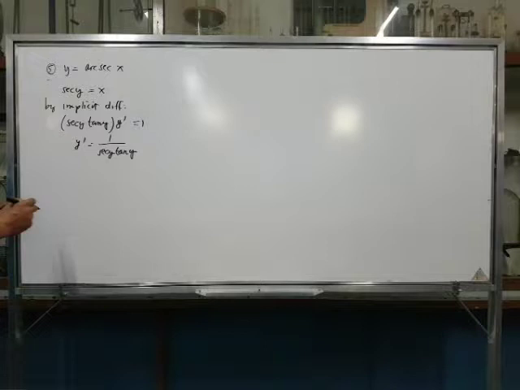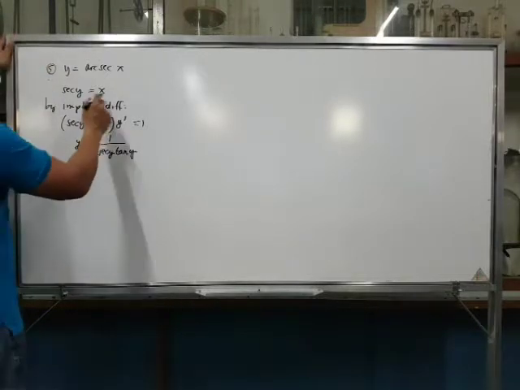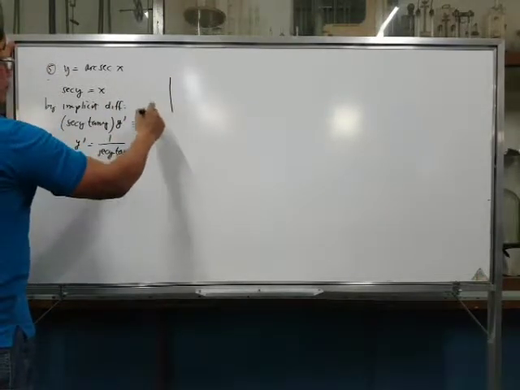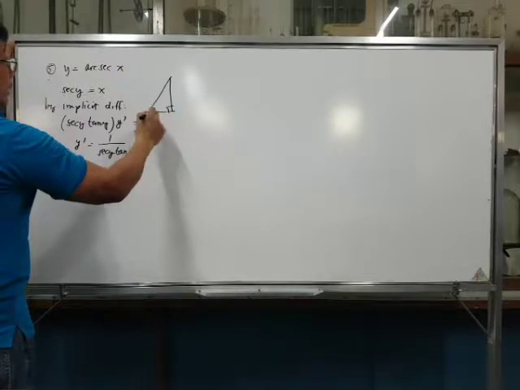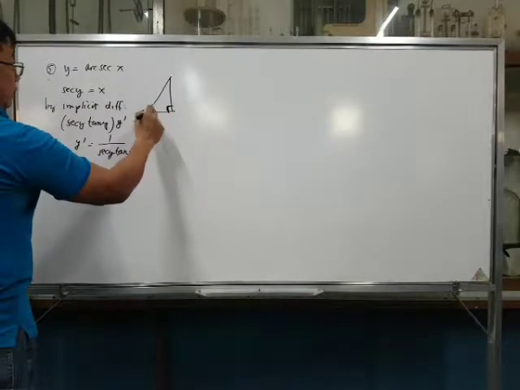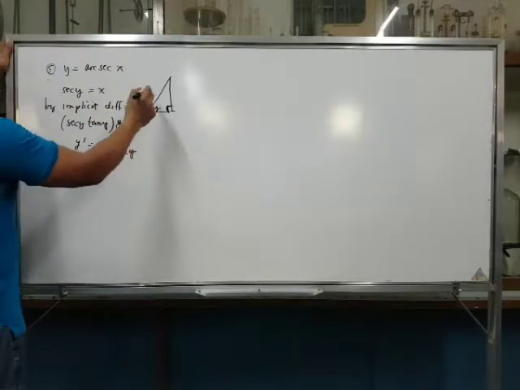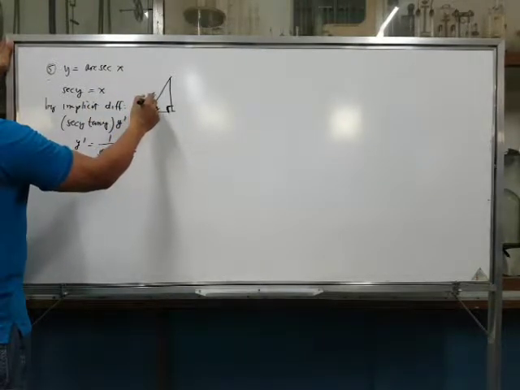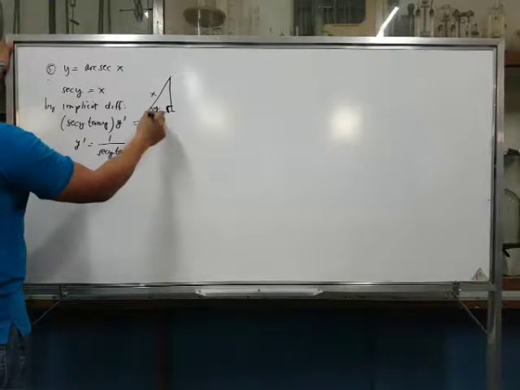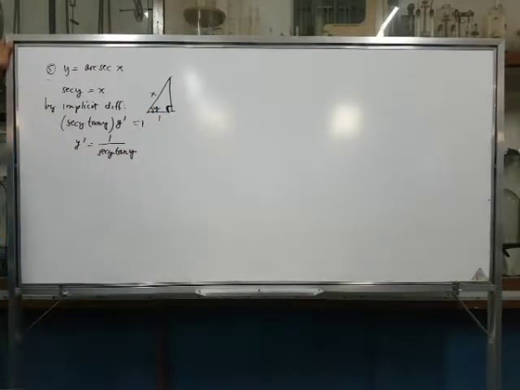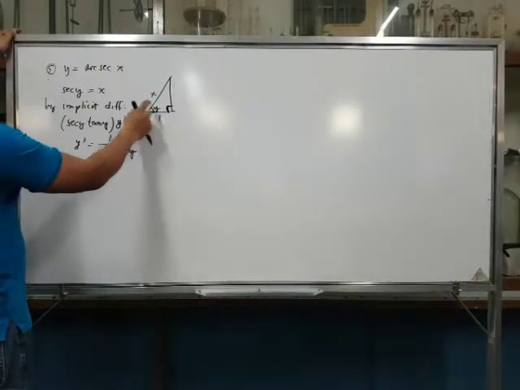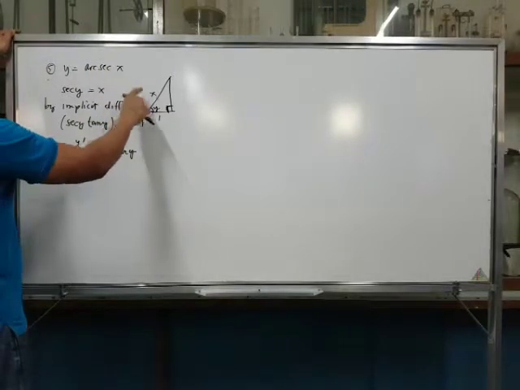And again, secant y is equal to x implies that if this is an angle y, we just consider the right triangle with angle y, so the hypotenuse is equal to x and the adjacent is equal to 1. So cosine y is 1 over x and secant y is hypotenuse over adjacent.